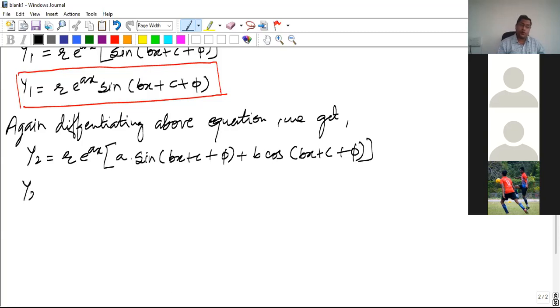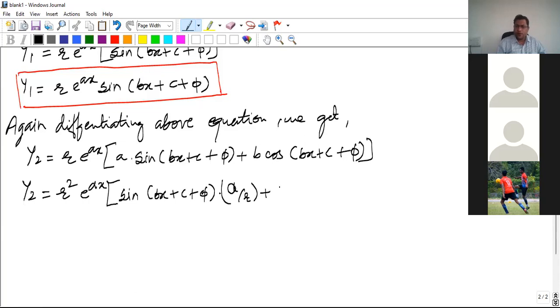Now, what do we do next? We have to multiply by r and divide by r. So it will become r square e raised to ax, this will be sine of bx plus c plus phi, and here we have a by r, plus this term is going to be cos of bx plus c plus phi, and here we have b by r.